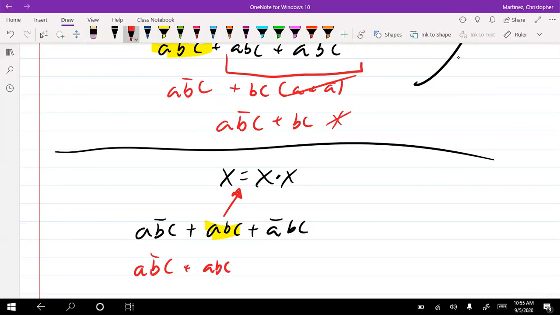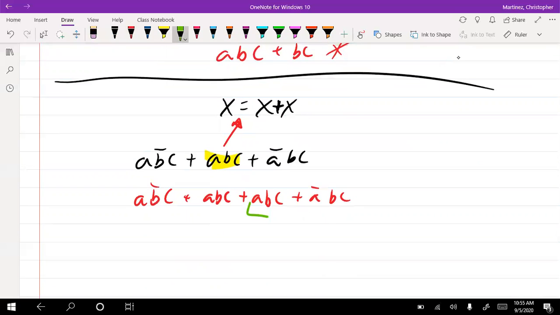Oh, you know what we should do instead, this still works. We can do it as a plus instead of an and, because that's what we need to do. Plus ABC is A bar BC. All right, we do that. I'll use the back two terms, and we saw what this would do.